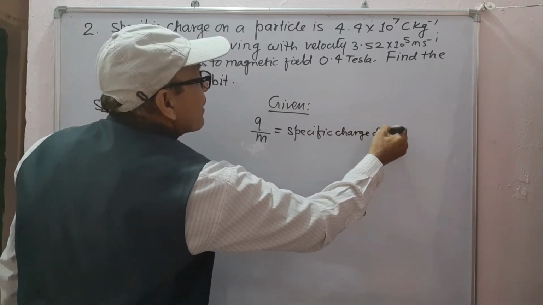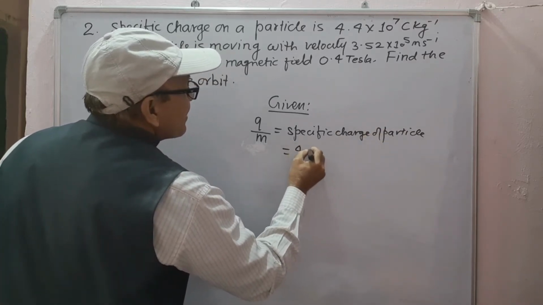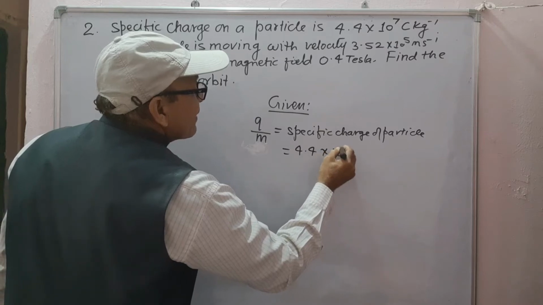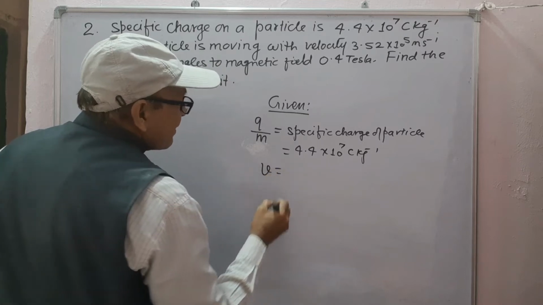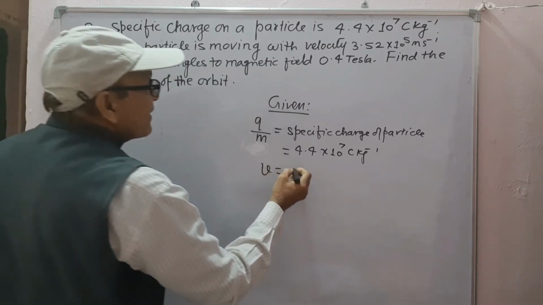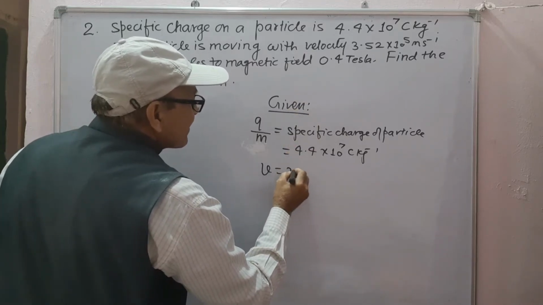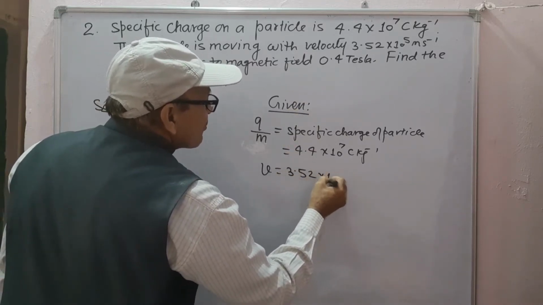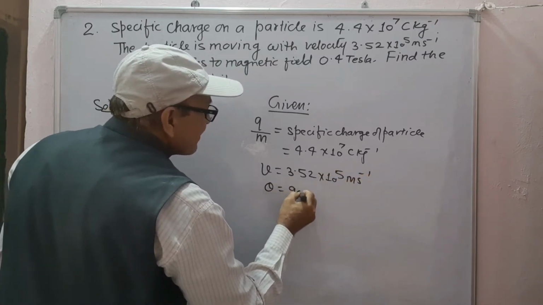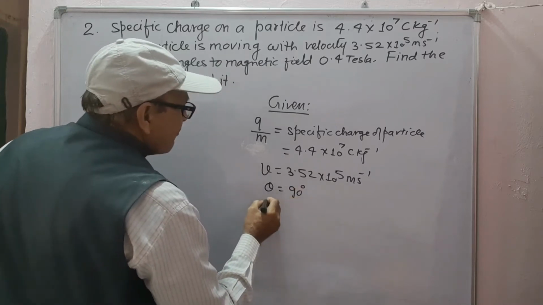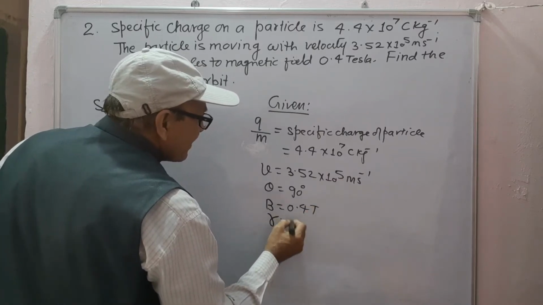Of particle is given to be 4.4 into 10 to power 7 coulomb per kg, and it is moving at right angles to magnetic field of 0.4 Tesla with velocity 3.52 into 10 to power 5 meter per second. Theta is 90 degree and magnetic field is 0.4 Tesla. We have to find the radius.